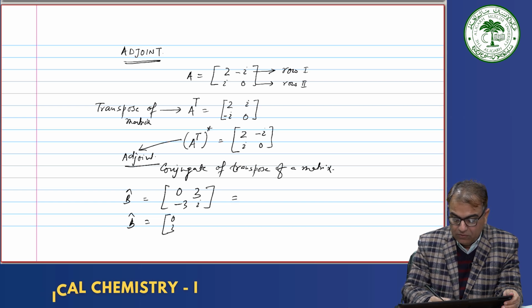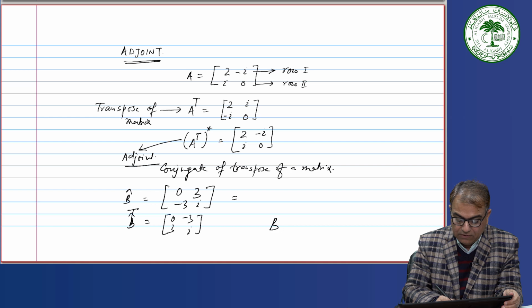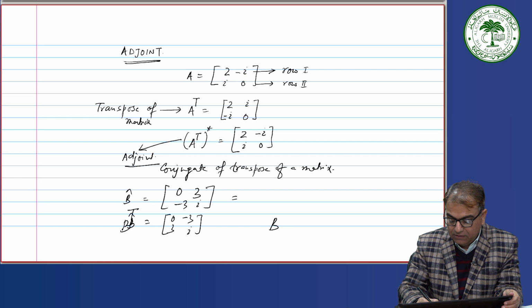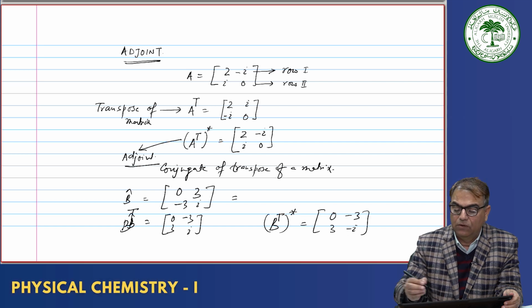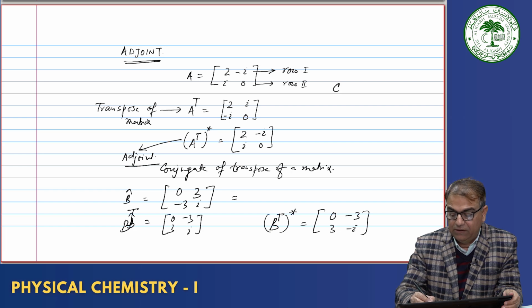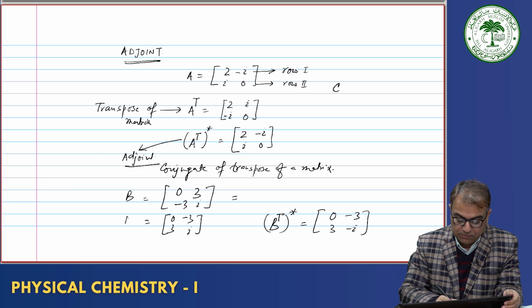First row, then second row, and this will be B transpose, and then you can write the conjugate of this, minus i. So for that matter, any matrix you write, it is B transpose.